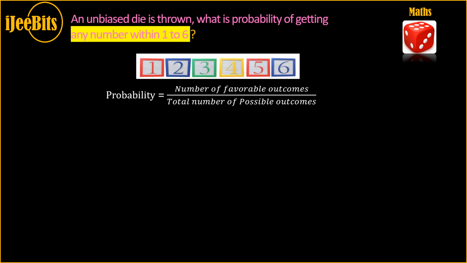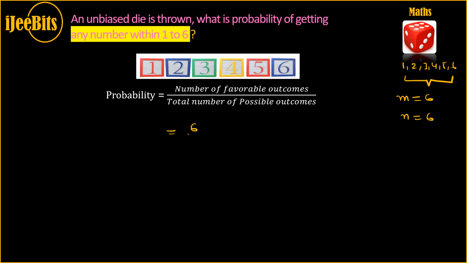Let's say for example, what is the probability of getting any number from 1 to 6 when we roll the die? A die has all the faces 1, 2, 3, 4, 5 and 6, and when you throw a die, for sure you are going to get one of these. What is the challenge in that? Our favorable outcomes and the number of possible outcomes are both the same: m equals 6 and n equals 6.